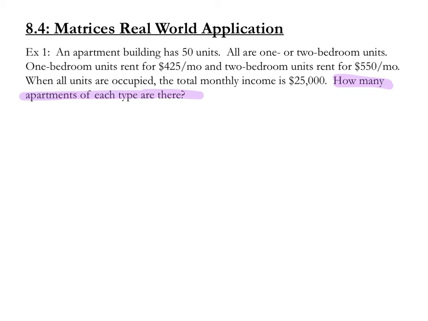It's a little hard to use unique letters here, so I'm just going to stick with X and Y. But if you were talking about roses and tulips and you wanted to use R and T, you could. So for this one, X is going to be, I'm going to be very specific here, the number of 1-bedroom apartments. And Y is going to be, because that's what they're asking us to find, it says how many, the number of 2-bedroom apartments.